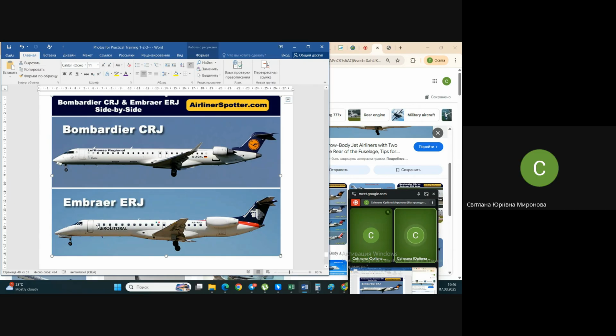Besides these, the illuminators, the amount of doors, pay attention. Here are two emergency exits immediately by the wing.